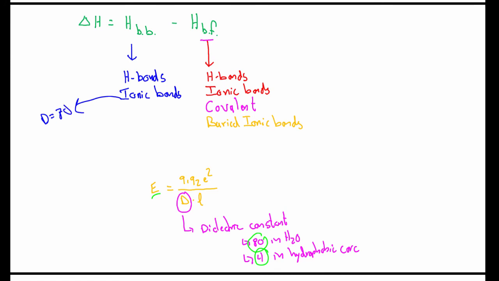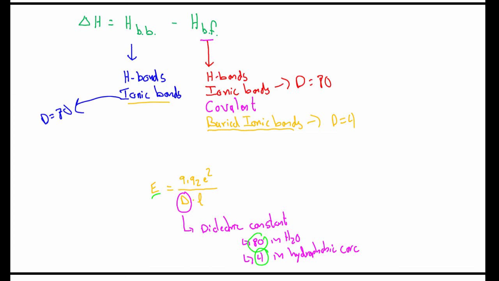And we could say the same thing here, D of these is 80, because they're just ionic bonds that are forming, but the D of some of these, which are found only in the folded structure, is going to be about 4. And those ionic bonds are about 20 times stronger than the ionic bonds that were broken to form them. Okay, so they're stronger bonds. And so that can then cause bond formation, or the enthalpy of bond formation, to be a larger value, and that can tip the enthalpy in the negative direction.